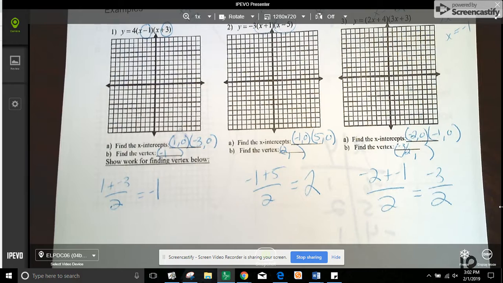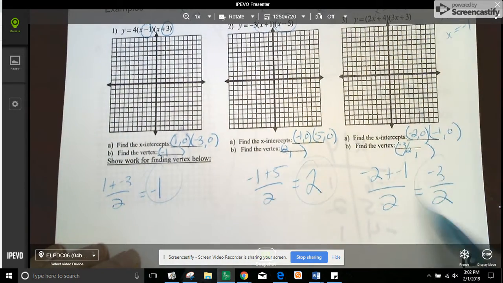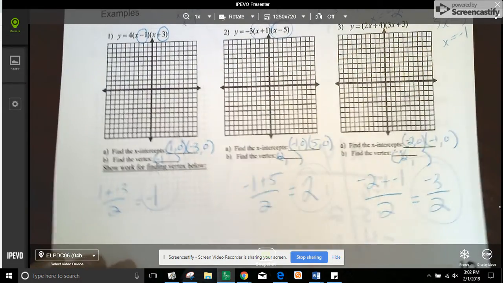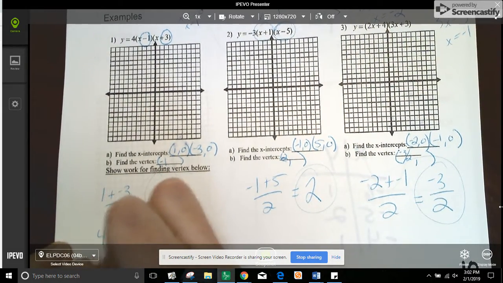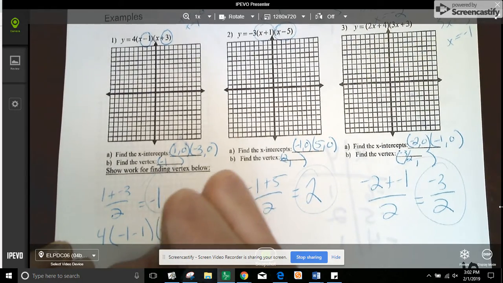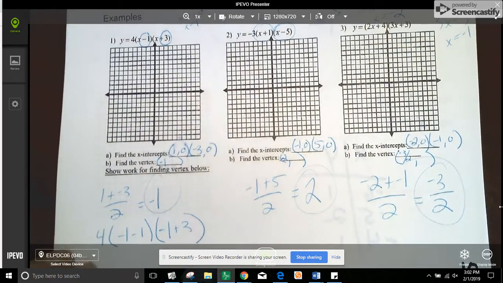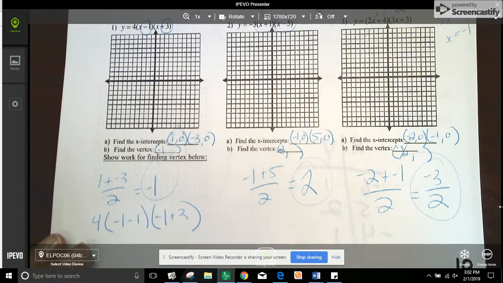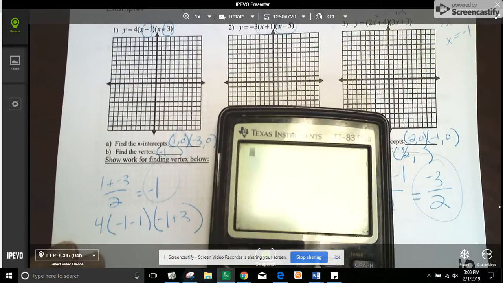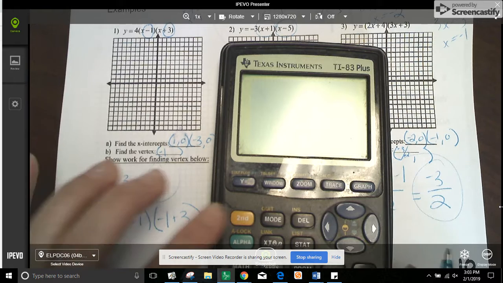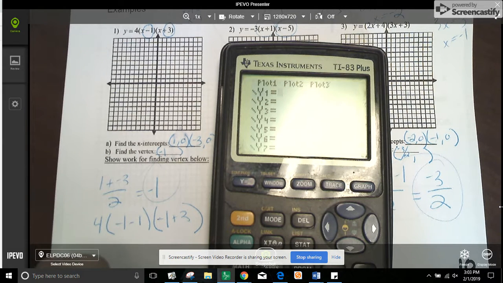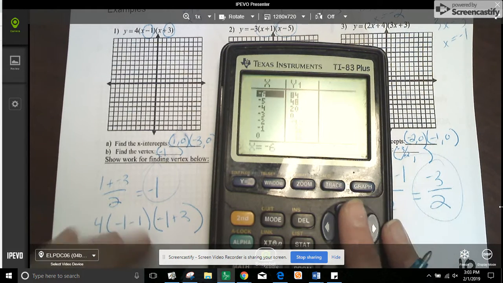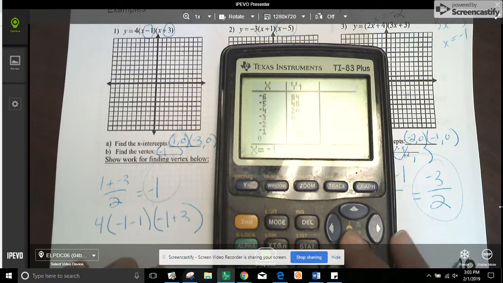And then how do you find the y-coordinate? You can just take the x value and plug it back into the equation from above. So if I take negative 1 and plug it into my equation, what do I get? You can also use your calculator. If you want to use your calculator, you plug the original function in, go to your table, and you can find it in here.